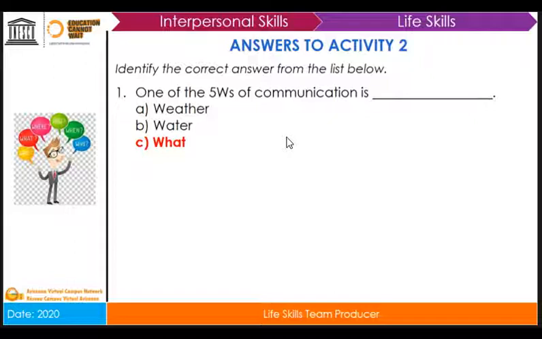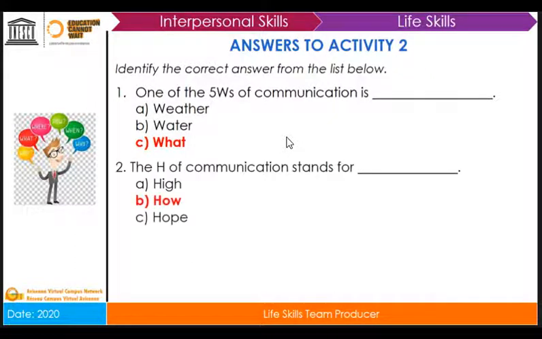And the correct answer for question 1 is, I'll take the question all over. One of the 5 W's of communication is dash. And the correct answer is what? Great. I'm impressed.